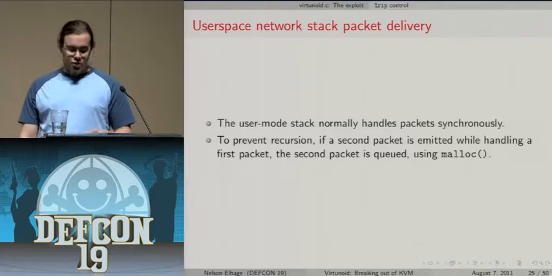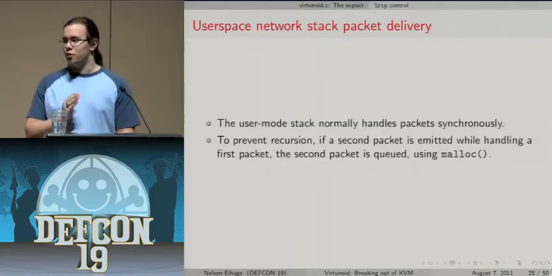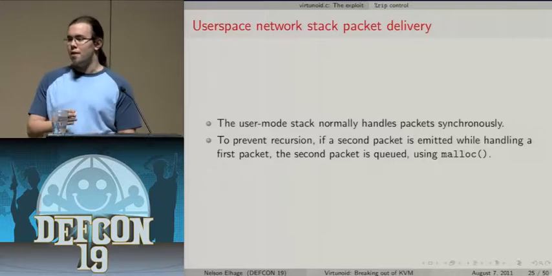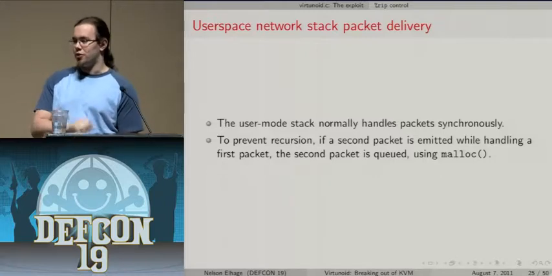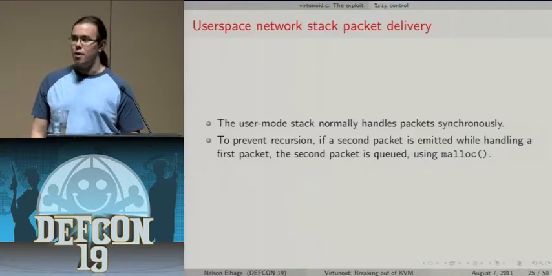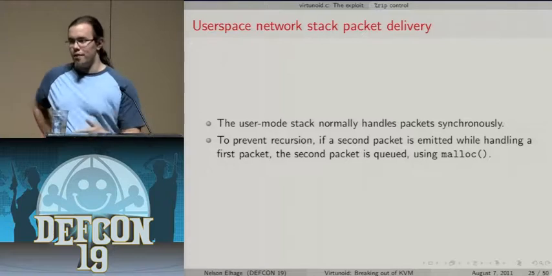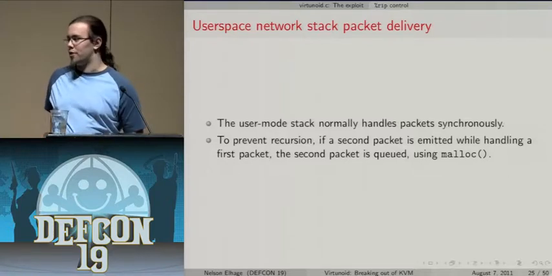But in order to prevent recursion, if a virtual device or virtual host's deliver mechanism then injects a second packet in response to the first packet, that packet is queued using malloc with a small header appended, and then delivered later once we return to the main run loop.